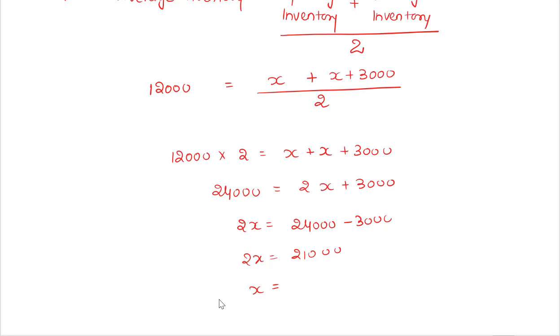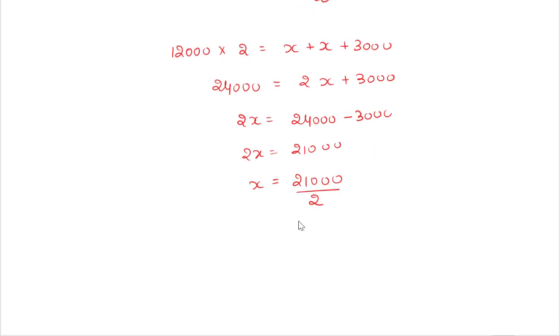X equals 21,000 divided by 2. So X equals 10,500.